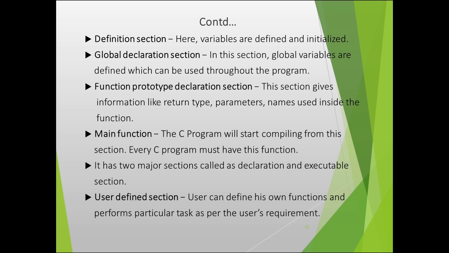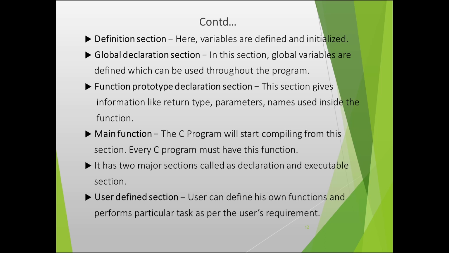So in this section, global variables are defined which can be used throughout the program. And the function prototype declaration section includes the return type, parameters or arguments and names used inside the function. We can use identifiers for giving the name of the function.